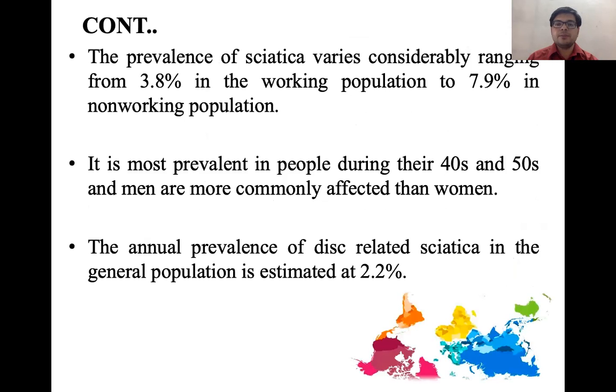If we see the prevalence of sciatica, it varies considerably, ranging from 3.8 percent in the working population to 79 percent in the non-working population. So it is more in the non-working population, and it is most prevalent in people in their 40s and 50s, and men are more commonly affected than women.